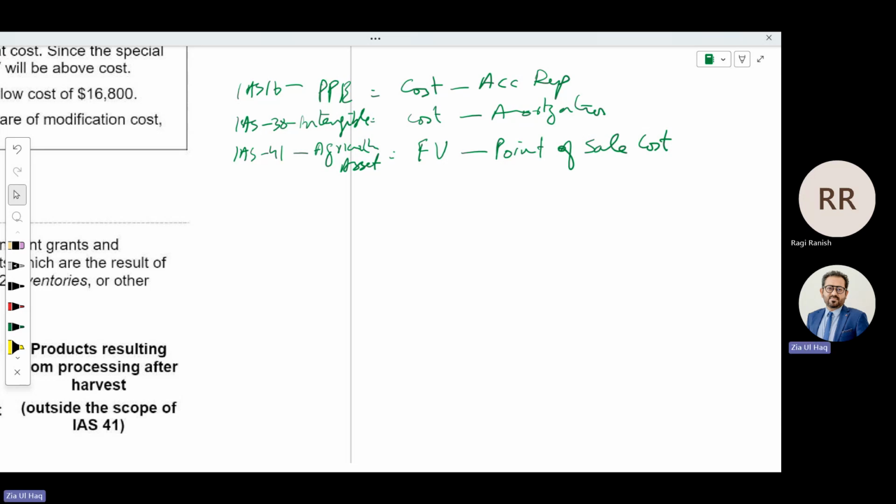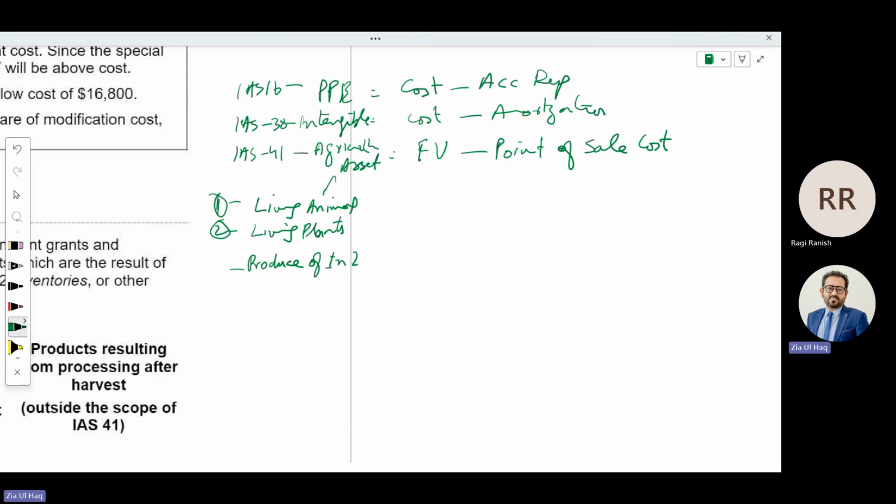These are also part of agricultural assets. Agricultural assets mean living animals, living plants, and produce of 1 and 2.